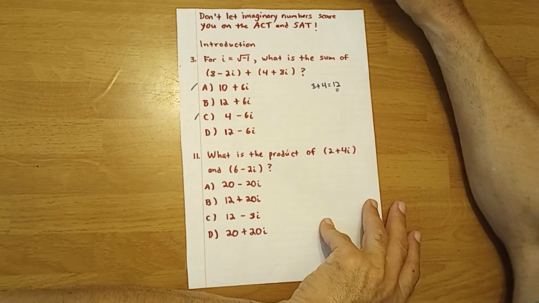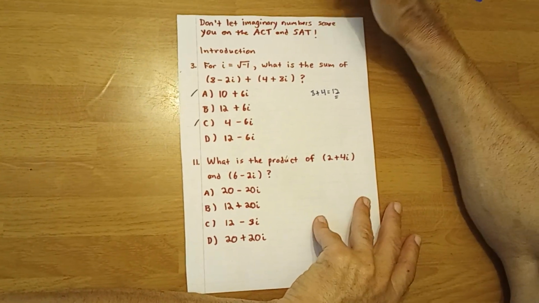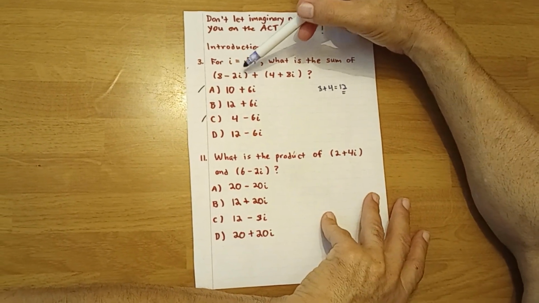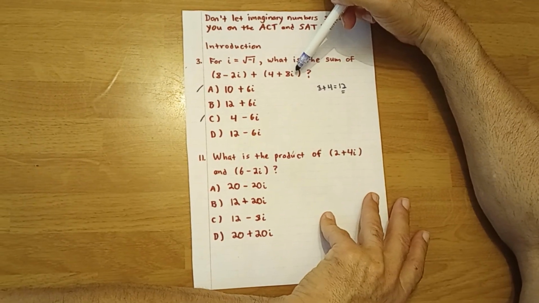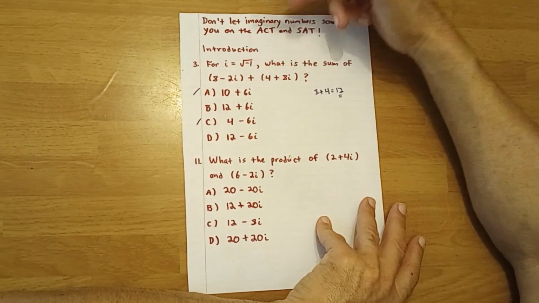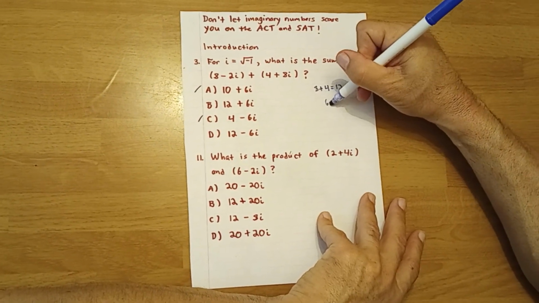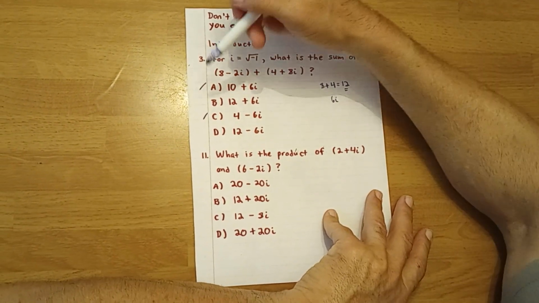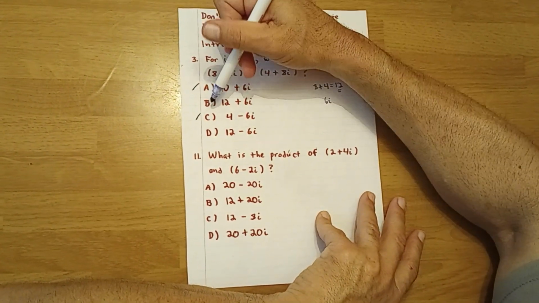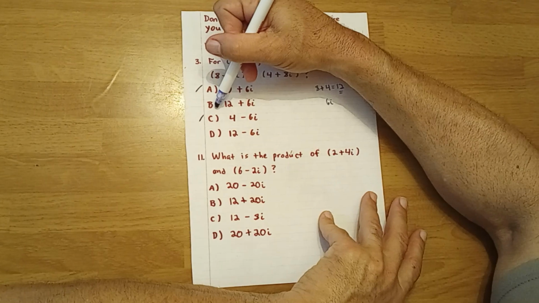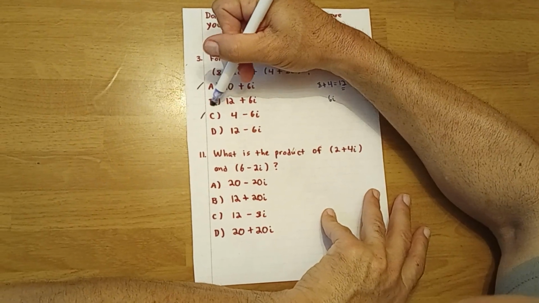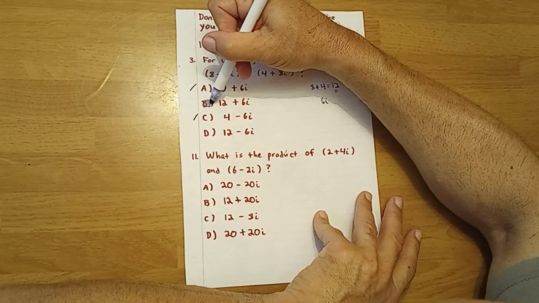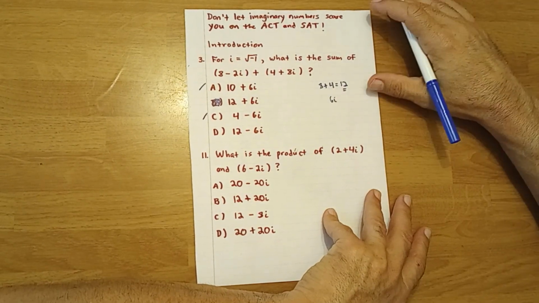So now we need to combine the i's, right? We have -2i plus 8i, and 8i minus 2i would be 6i. So our answer is going to be 12 plus 6i, which is B as in boy. So we would fill that in on our answer sheet on the SAT.